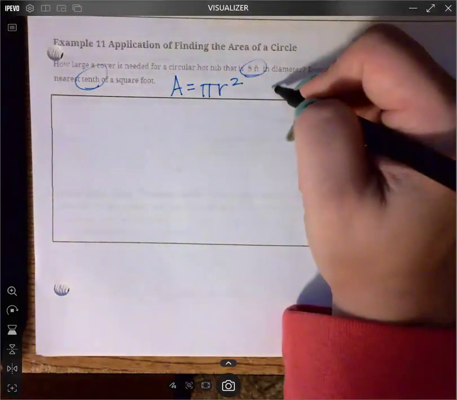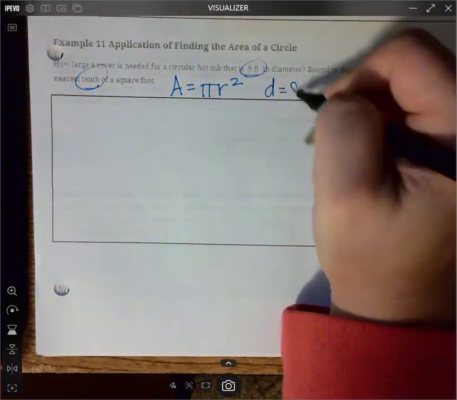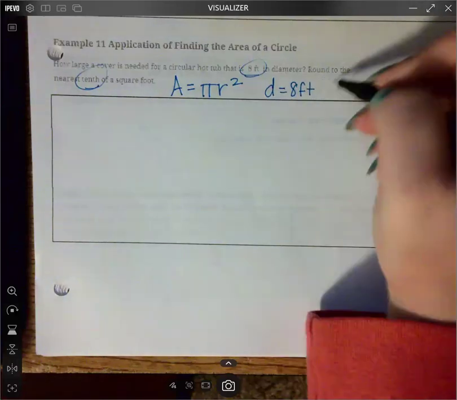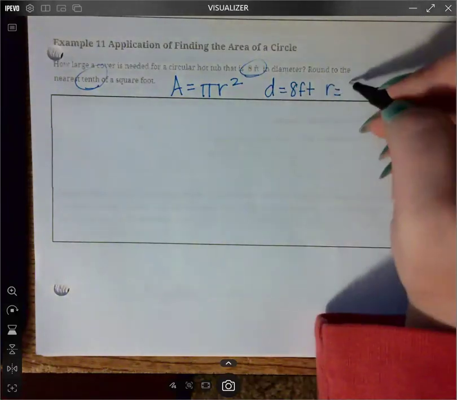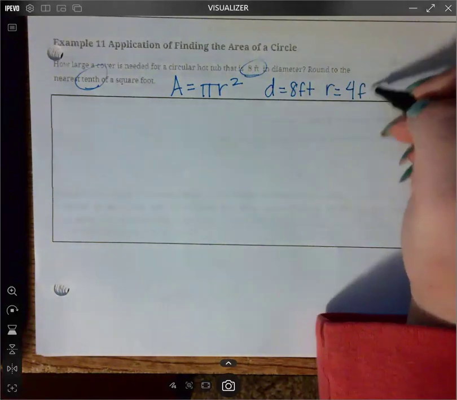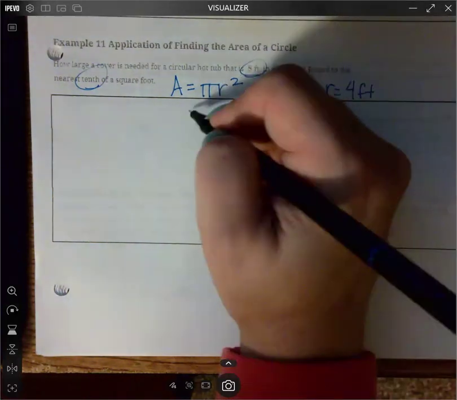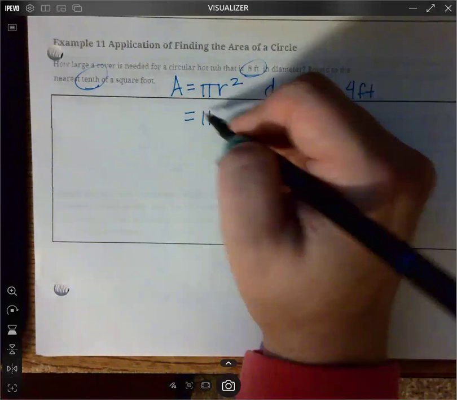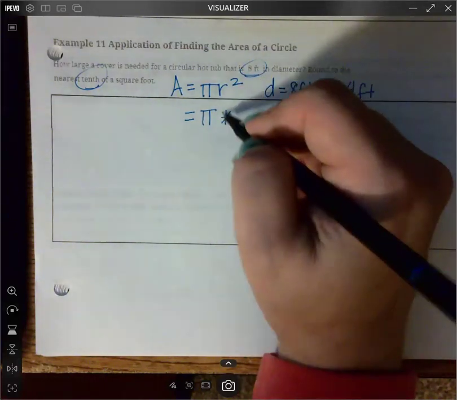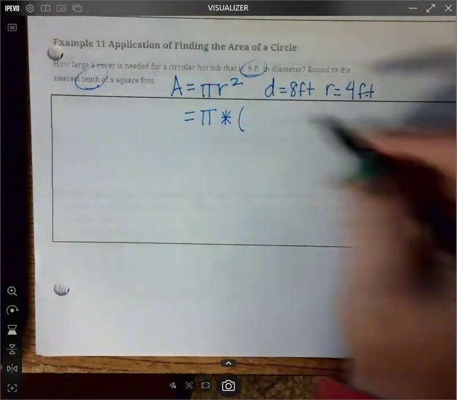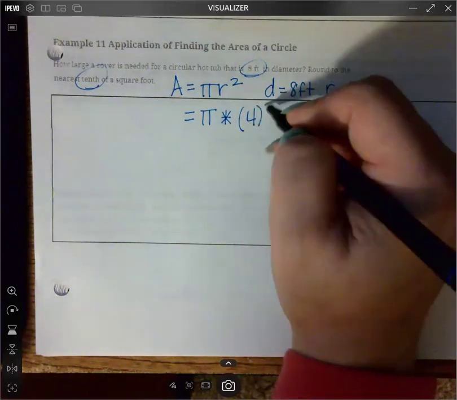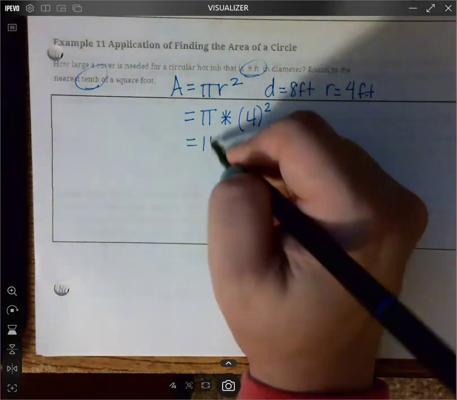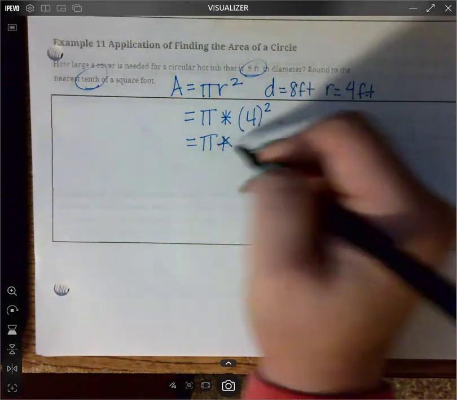Again, the diameter is 8 feet, so what would the radius be? Hopefully you said 4 feet. Again, we're just going to start plugging our numbers into our formula. Our radius then is 4 squared, or 4 times 4, or 16.